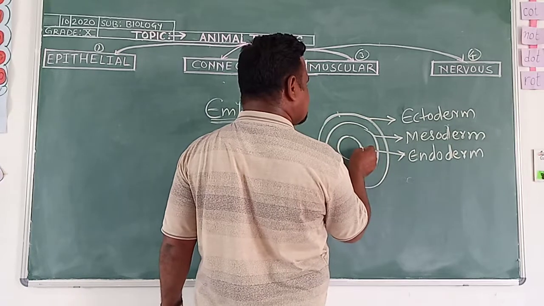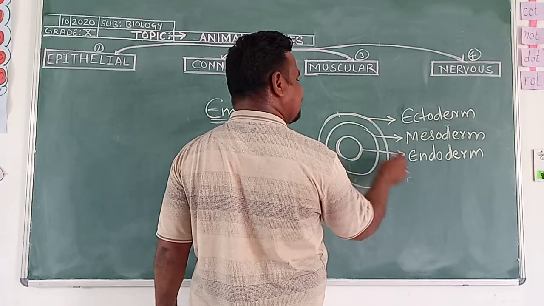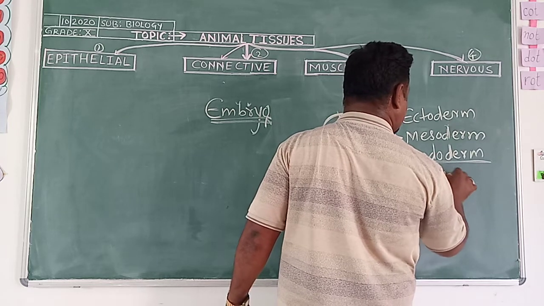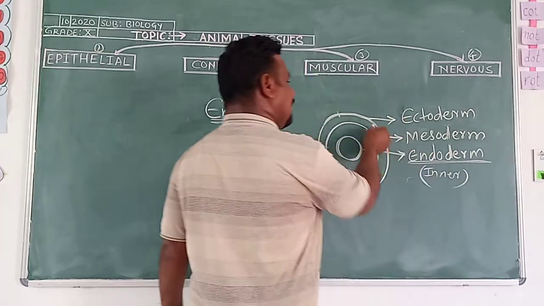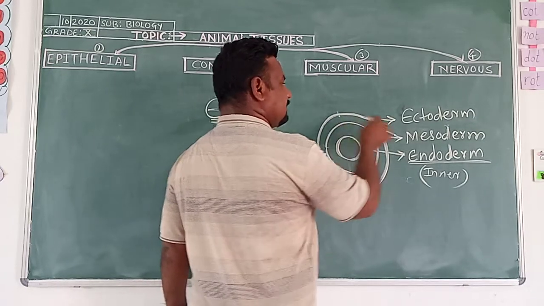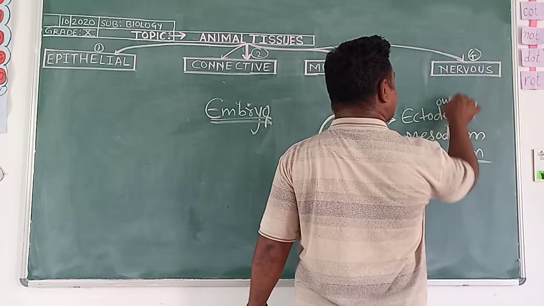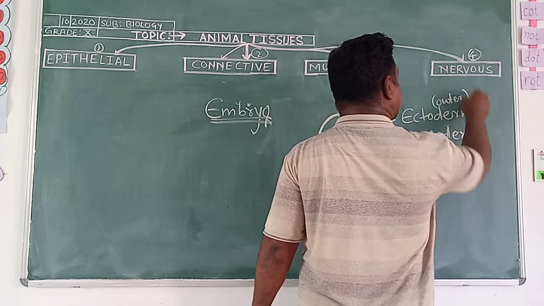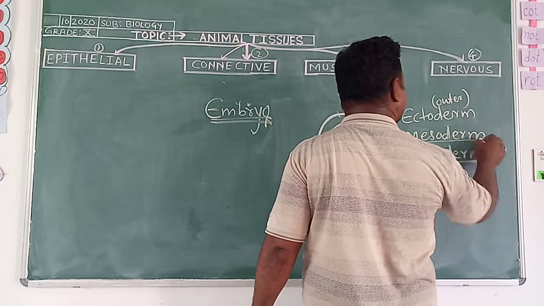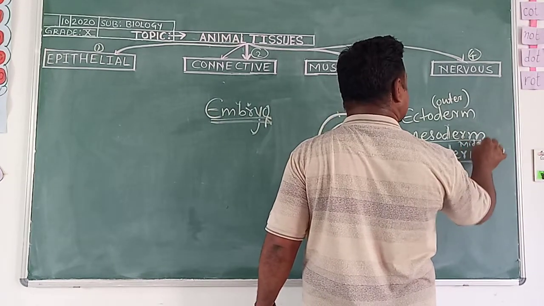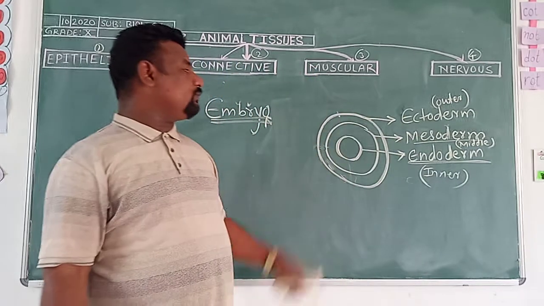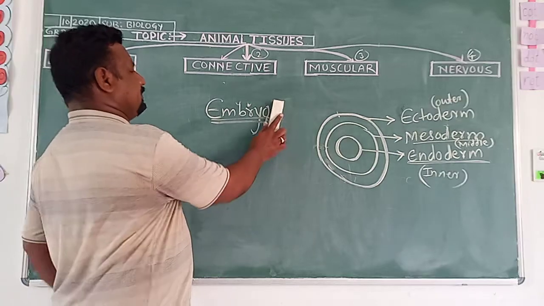The innermost layer of the embryo is termed the endoderm. It is inner. And the outermost layer of the embryo is the ectoderm, the outer layer. And the middle one is termed the middle layer. We can call it the mesodermal layer. In this way, the embryo is composed of 3 layers.